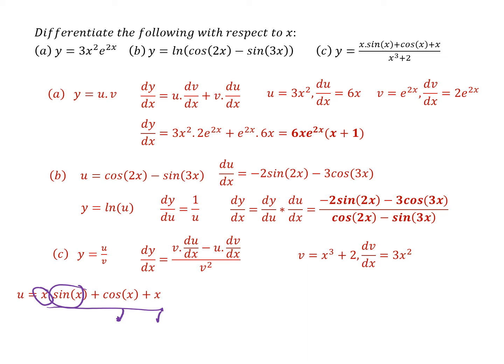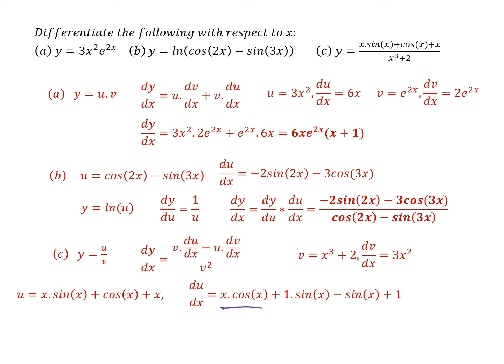So using the product rule gives us x cos x, u times dv dx, plus 1 times sine x, v times du dx. So that together is the differential of x sine x, and then we've got to differentiate cos x to minus sine x and x to 1.